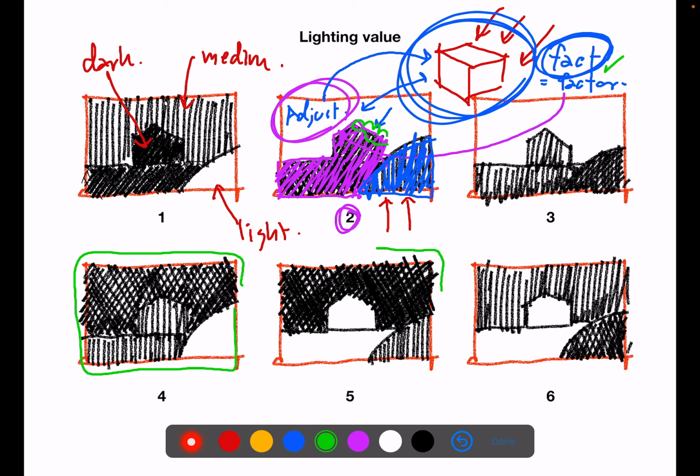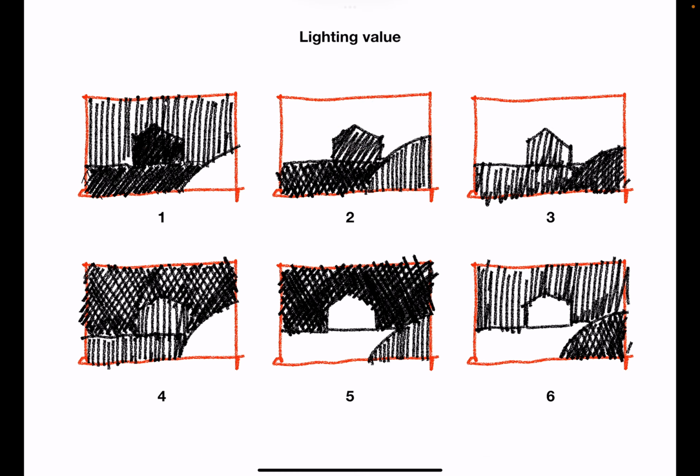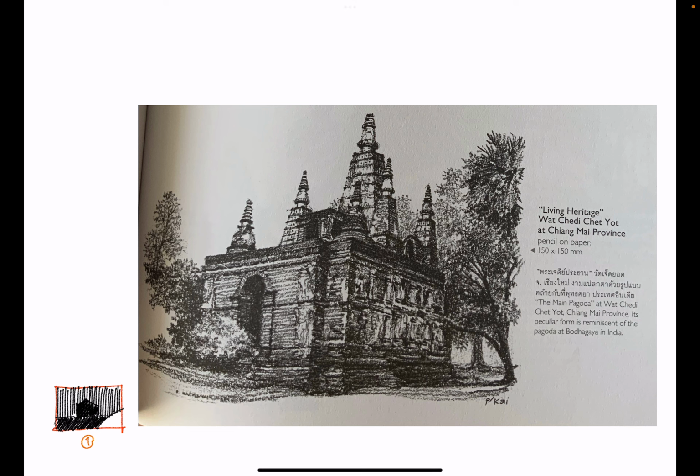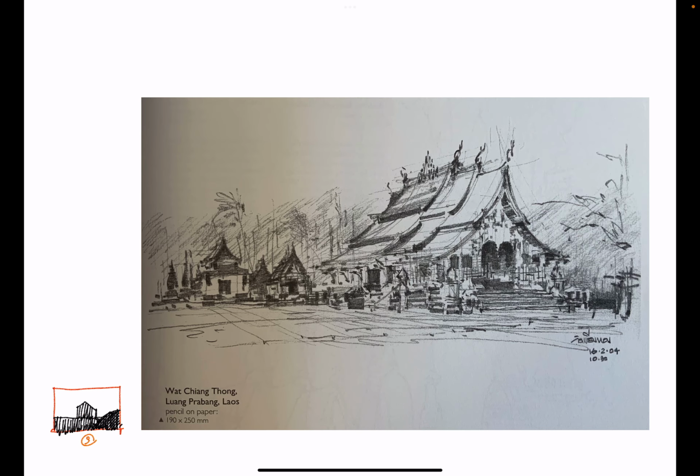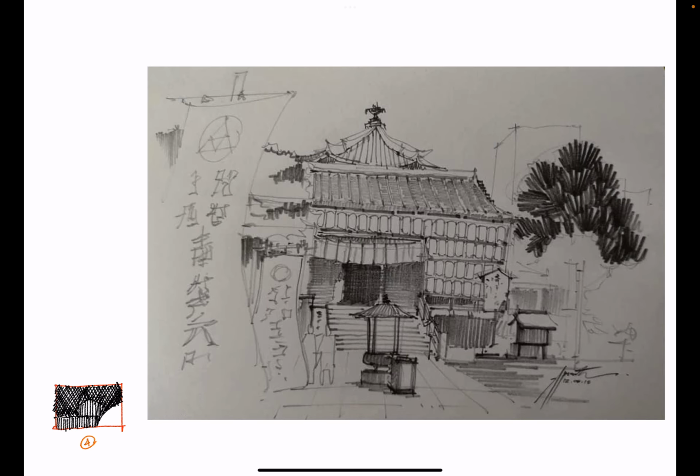It just gives you an idea how to play with the tools or with the sketching style, and you don't have to stay with the fact or one factor at all times. You can put them away for a while, and then when you experiment and start to understand, oh, if it is the number two style, we can make the medium area very playful, with very detailed lines.